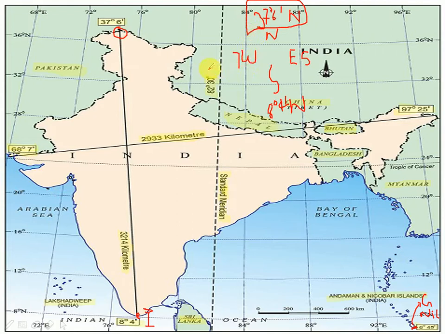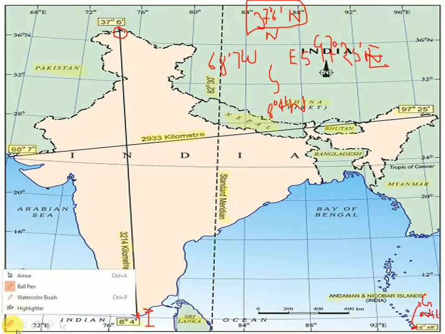And if you see the longitudinal extent, it starts from 68, then it must go till 97, and there's a perfect square number, that is 25. This way it becomes very easy for us to remember. So you can start with 4, 5, 6 and then 7, and then go from 8 to 37, then 68 to 97, and your job is done.